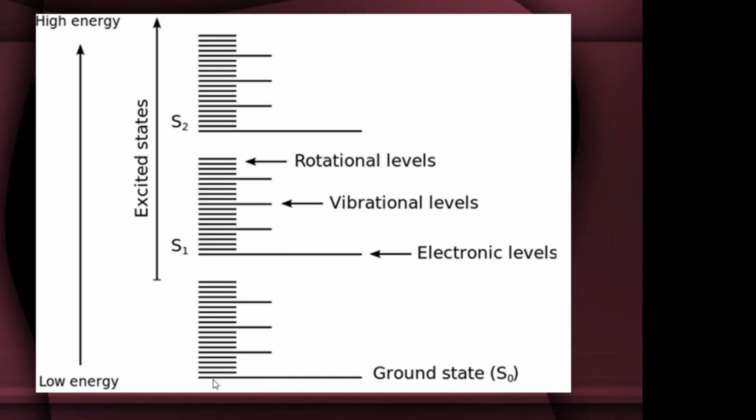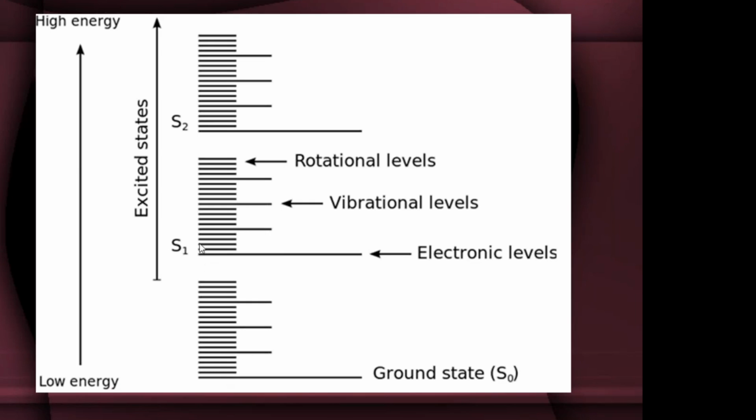So you can have a transition from this state, the ground state, the lowest state, to any of these levels anywhere. If it is within the first ground state itself, then it does not involve an electronic transition. In the case of UV visible radiation, the energy of the photons is sufficient to cause electronic energy transitions.